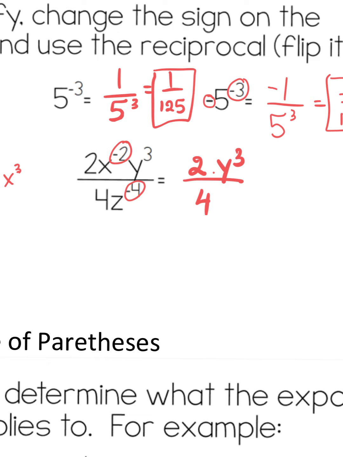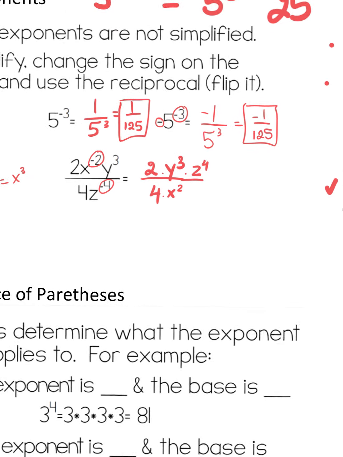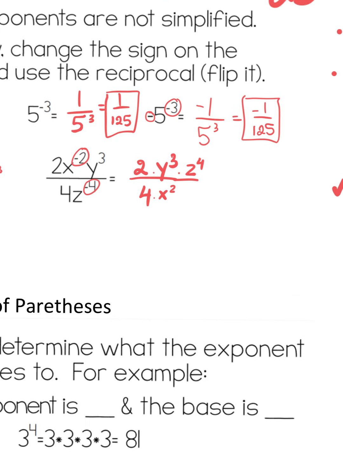So x raised to the power of negative 2 on the numerator, now it's going to be at the denominator. X raised to the power of 2, flip and negate. Z will go to the numerator, which is z raised to the power of 4. Flip and negate. Negative becomes positive. Now we're going to simplify our work. 2 to 4 will be 1/2.